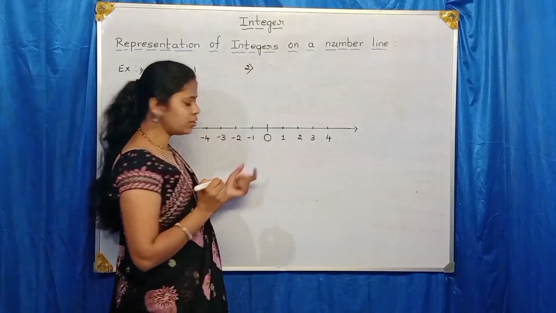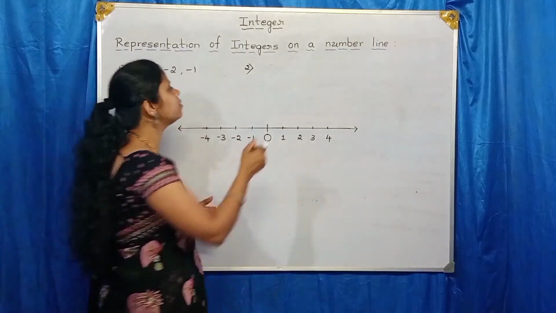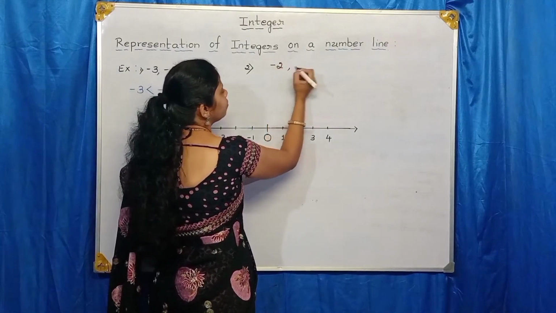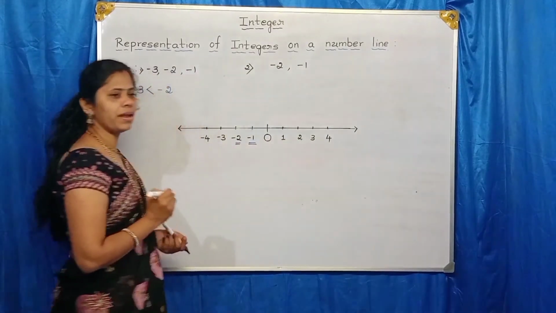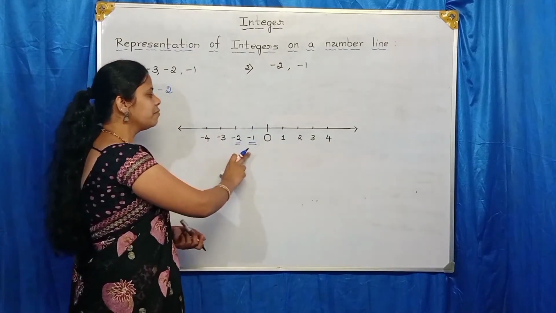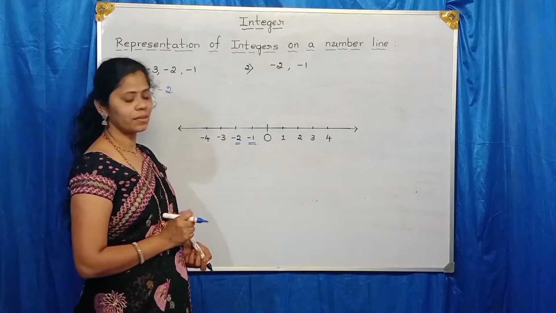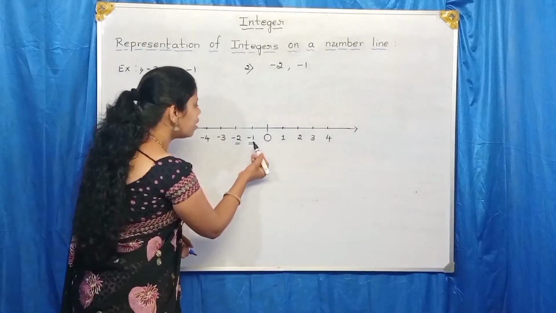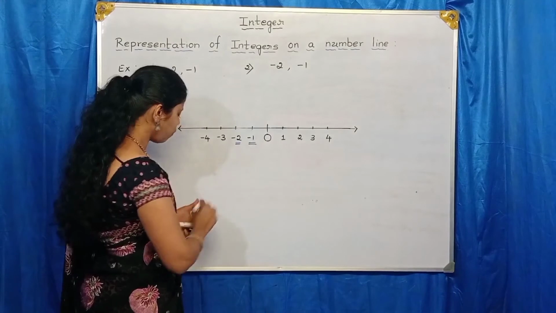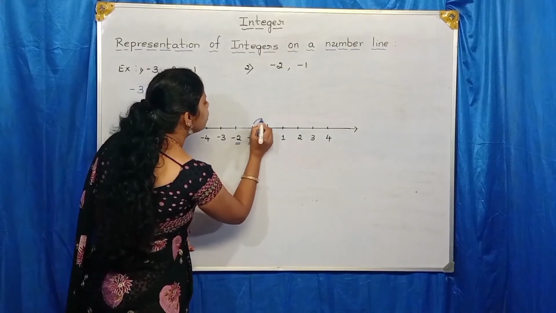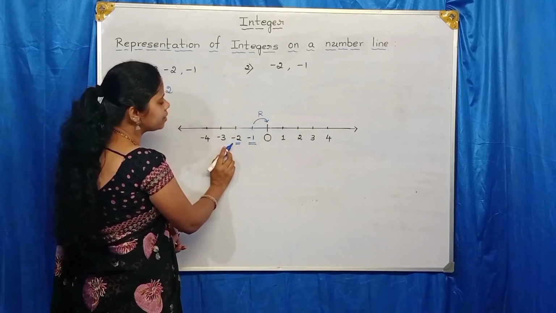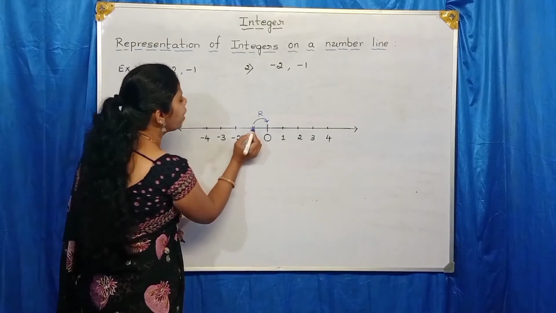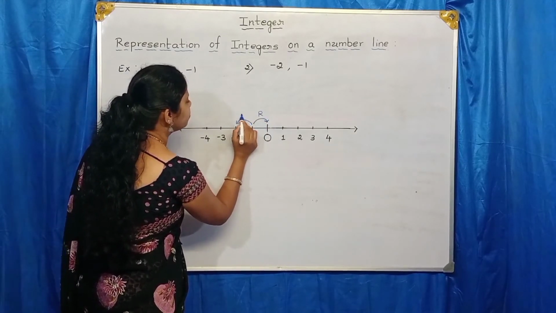Okay, now let me take a second example. Here I will take only two numbers, that is -2 and -1. Now tell me, which is greater? On the right side of -1, what is there? 0. And -2 is on the left side of -1.